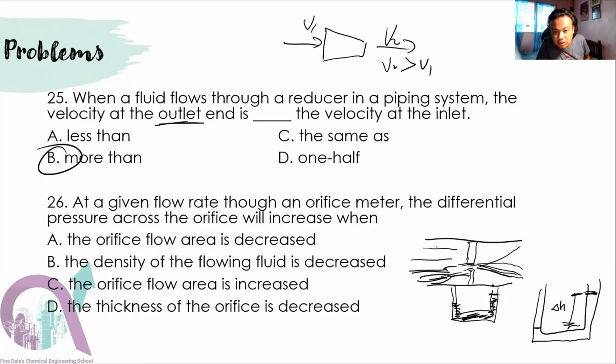So less water will push on the manometer fluid here. So more water will push here, so meaning mudako ni siya, mugamay ni siya, because gamay raman ang pressure diri nga area, and then dako ang pressure diri nga area. So this is the larger pressure and then lower pressure, so that's how the differential pressure will increase, because the height is increased. So that's letter A.